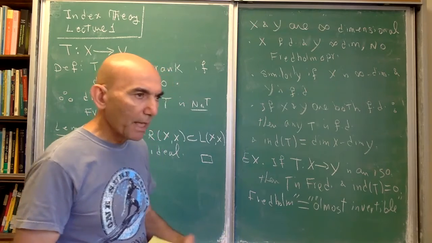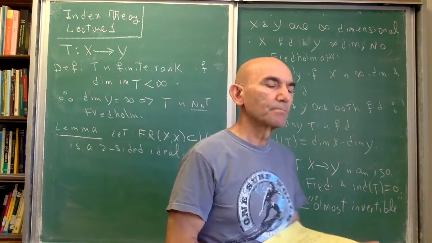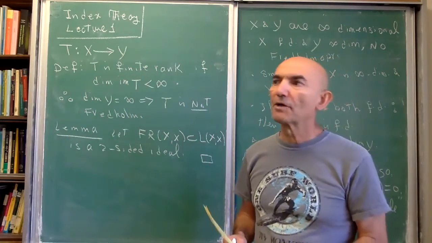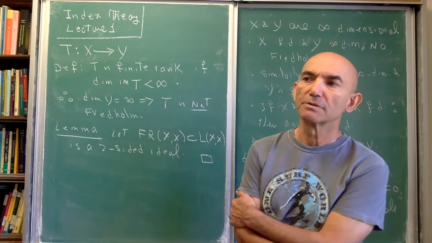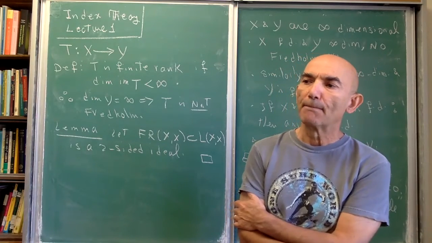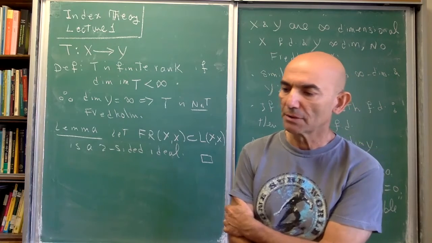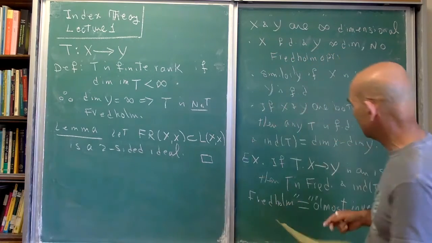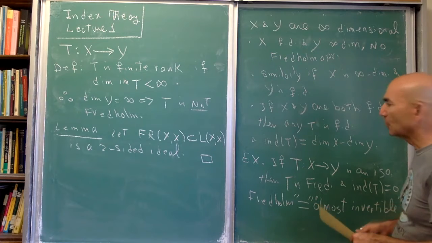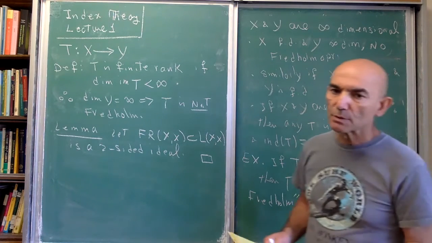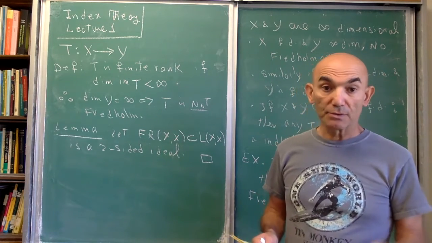Now, there is a characterization of Fredholm operators in terms of finite rank operators, which is very important. And that actually, to some extent, explains the idea that Fredholm operators are almost invertible. This result is called Atkinson's theorem.